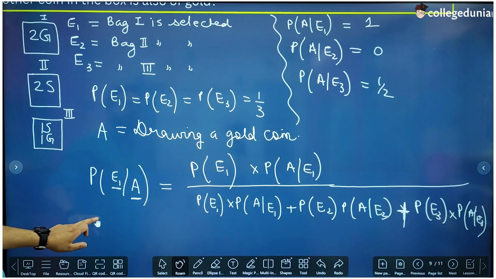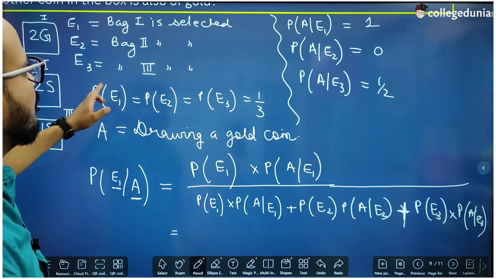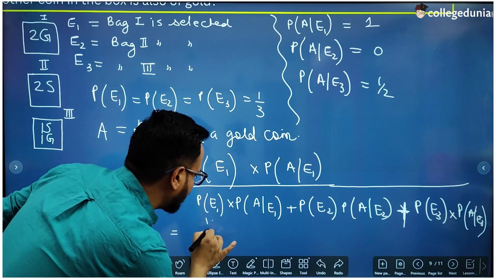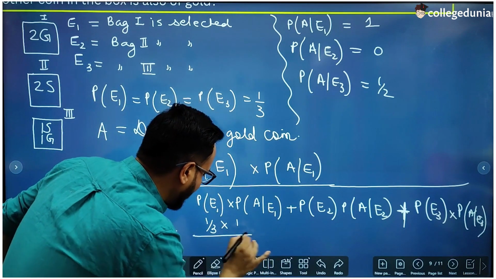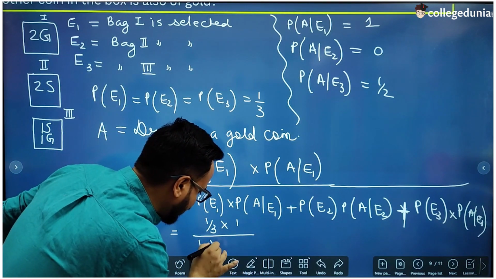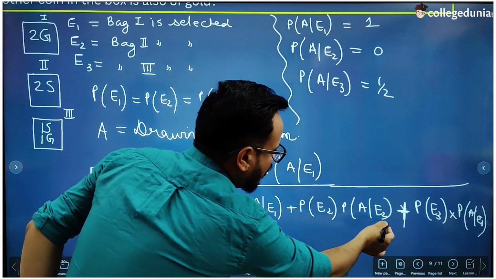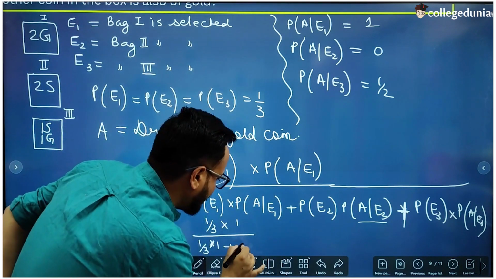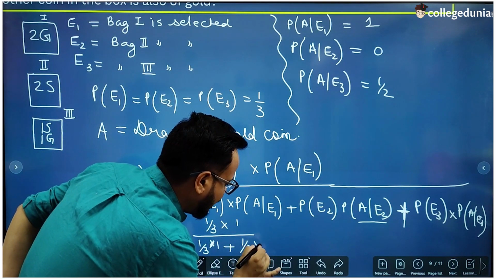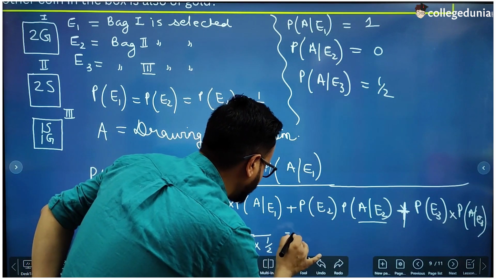What are the values? This P(E1) is 1 by 3 into P(A/E1) is 1, so 1 by 3 into 1. We are not going to write the second term because P(A/E2) is 0. Just write the third one. P(E3) is 1 by 3 into P(A/E3) is 1 by 2. So this will be the answer.